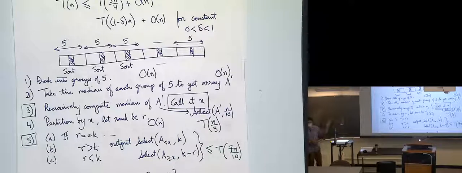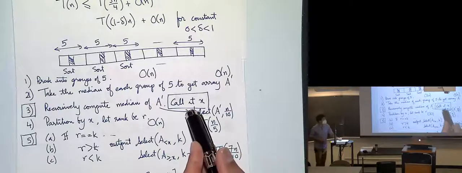Try it out for 3, and you'll see that it fails. If you have 3 groups of 3, then every time you're more than the median, you're more than 2/3 of the points. Write down the recurrence, and you'll see that you cannot prove it by induction. Actually, it's not going to be linear, because this call is just too large.